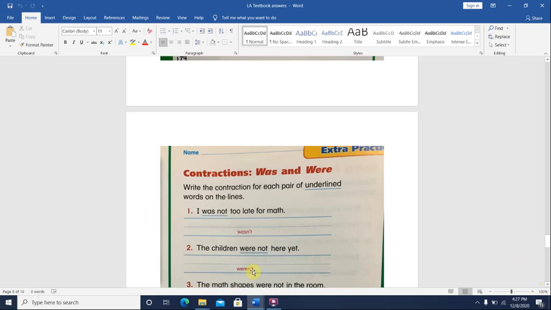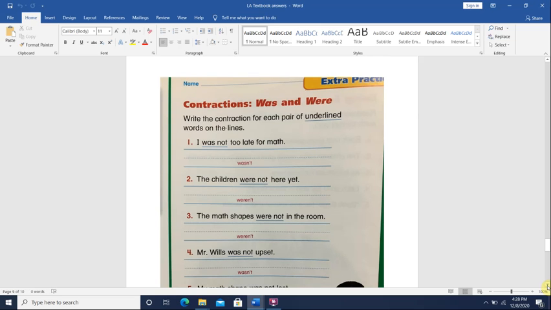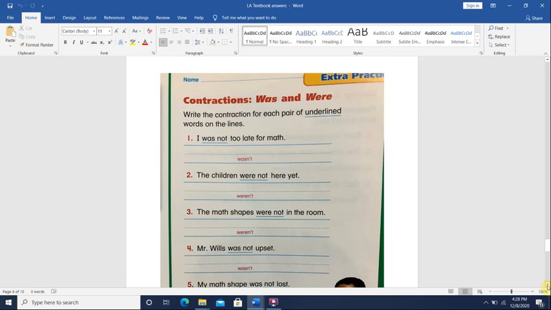Were and then N, apostrophe, and T. Okay, remember we use was, wasn't, or was not when the sentence begins with I, or when the sentence talks about one person, place, or thing. And the same thing for were. We use it when we talk about something that is plural.